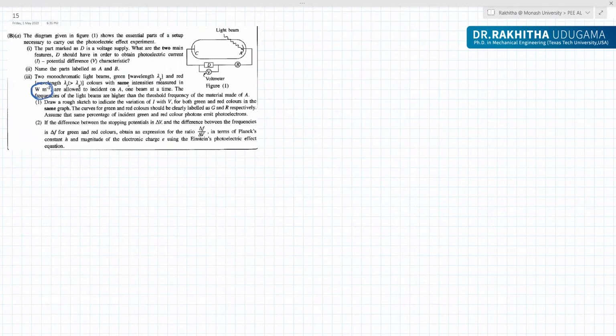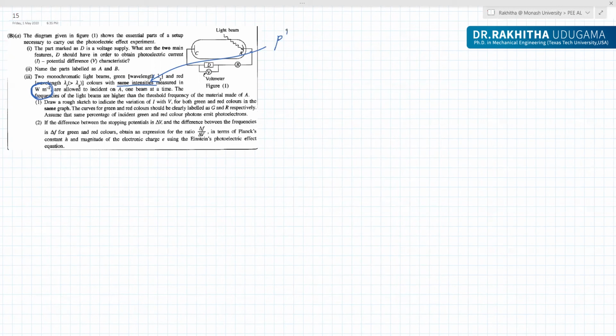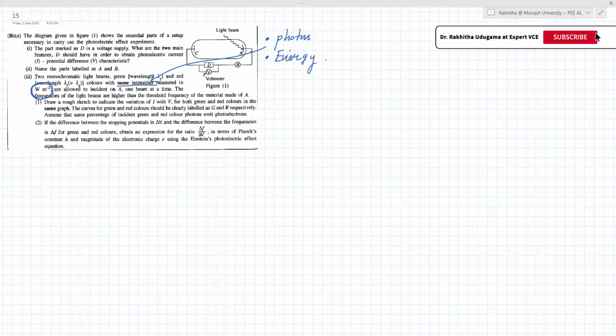They are talking about same intensity, see? So if you have same intensity, there are two things coming into your mind. One is photon intensity. The second one is energy intensity. Now, which one to select? So you have to select this one. Why? Because their unit is given.